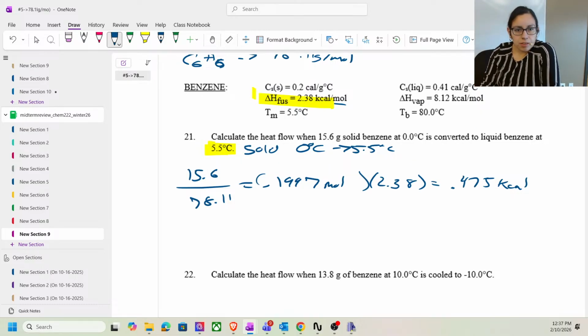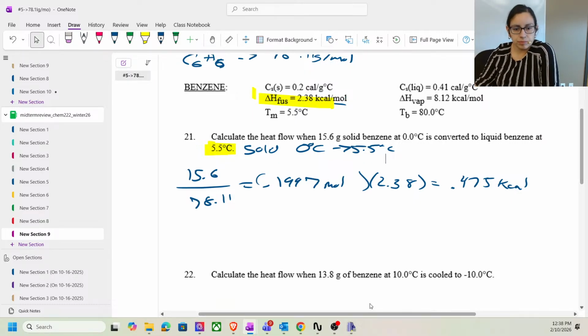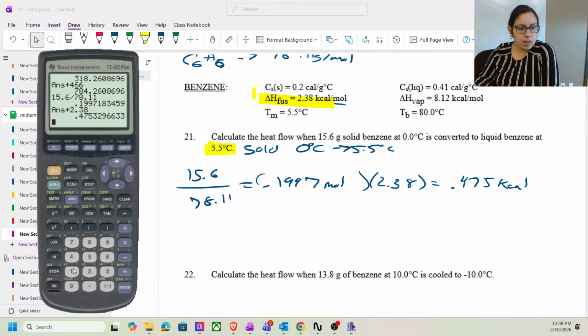And so let's see, heat capacity, it's in grams of our solid. So 15.6 times 0.2, but then that's cals, so divided by 1,000. So 0.003 for the warming.